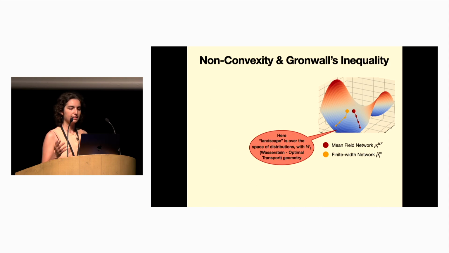In fact, this landscape is plotted with the Wasserstein 2 geometry because it is actually the case that gradient descent in a mean field neural network is gradient flow in the Wasserstein space.